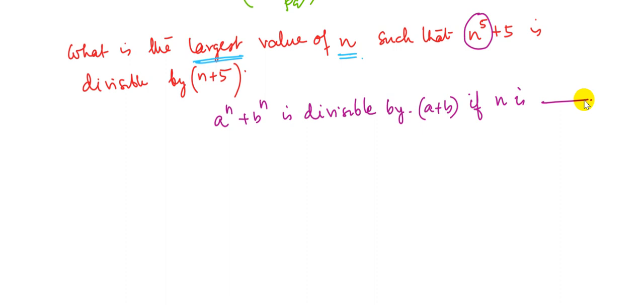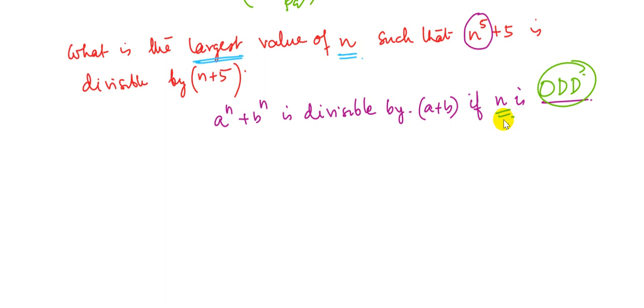No. Is a square plus b square divisible by a plus b? No, sir. But a cube plus b cube is divisible by a plus b. Similarly, a5 plus b5 is divisible by a plus b. So it must be odd. N has to be odd. Very, very important. Basic concept of divisibility.